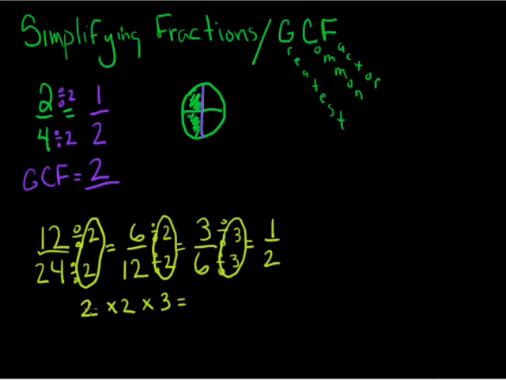Watch this. 2 times 2 is 4. Let's bring down the 3. 4 times 3 is 12. So the greatest common factor is 12. Pretty cool, huh?